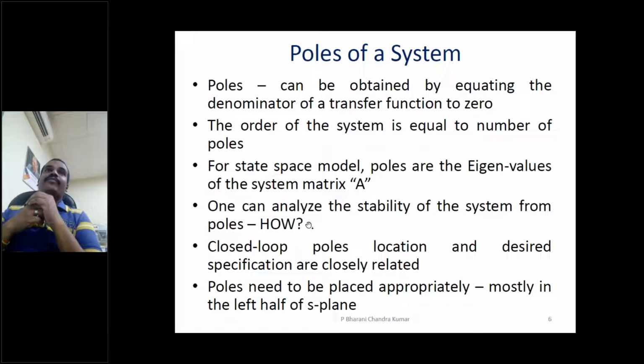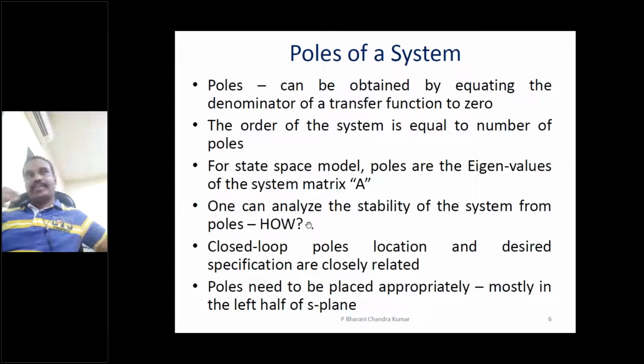So if you want a faster response, you need to move those poles farther from the imaginary axis. The poles can be imaginary or real as well. If you want a faster response, you have to place the poles farther from the imaginary axis. If you keep the poles very far away, the system will be very, very fast.